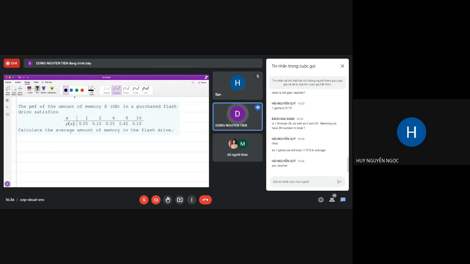You want to calculate the average amount of memory in the flash drive, so you want to find the mean value of X, and that would be 1 times 0.05 plus 2 times 0.1 plus 4 times 0.35 plus 8 times 0.4 plus 16 times 0.1. Do you understand? That makes sense, and then you can get the answer. So I will skip it. I think it's quite easy for you.